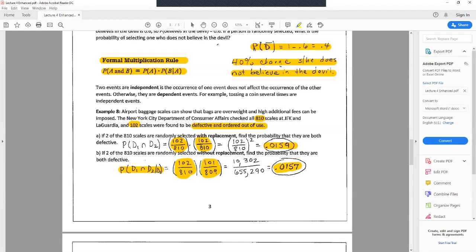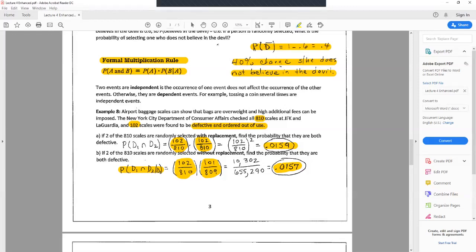Let's go back and talk about A and B with regard to independent and dependent. On part A, since we took the first defective scale that we chose and put it back in the population, then basically the second time I drew, it was the same experiment, right? We had a 102 out of 810 chance both times. That means we have an independent process because one outcome did not really affect the other.